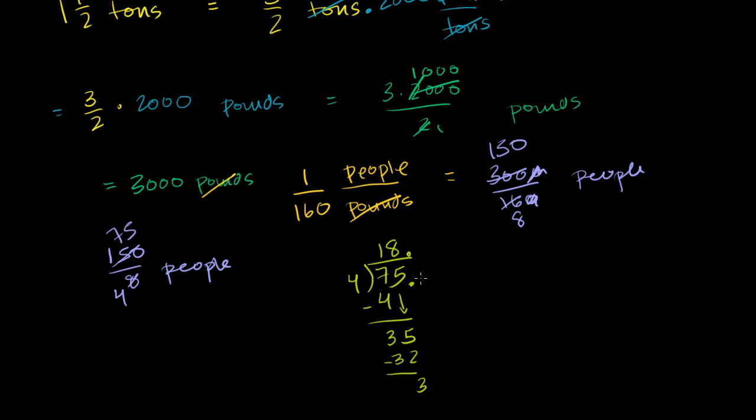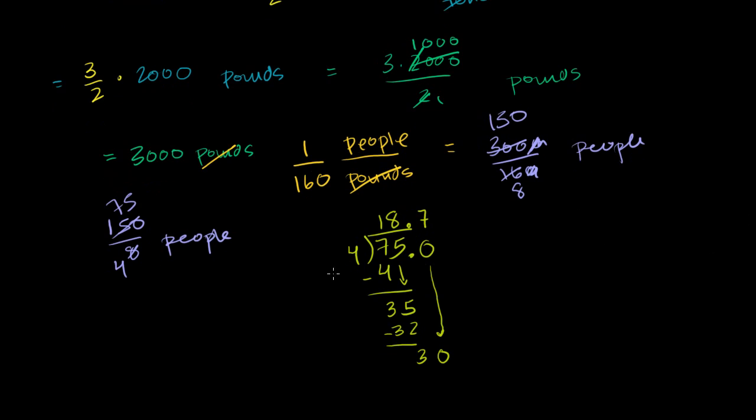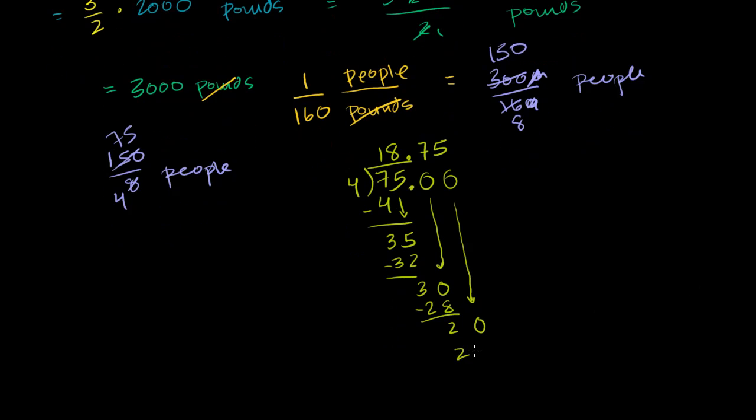We're going to the tenths place now. So we can bring down a 0 over here. 4 goes into 30 7 times. 7 times 4 is 28. You subtract, you get 2. Bring down another 0. 4 goes into 20 exactly 5 times. 5 times 4 is 20, and then we are done.